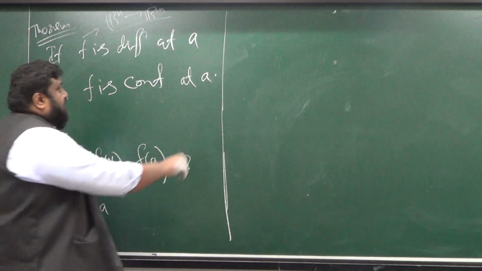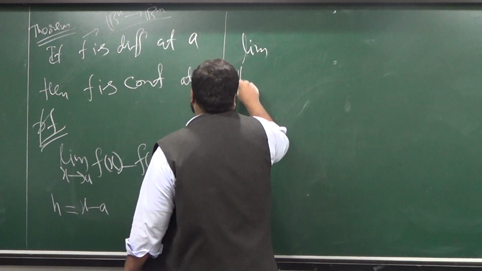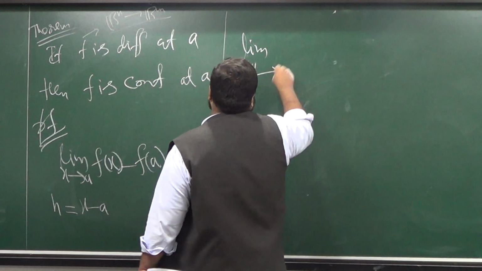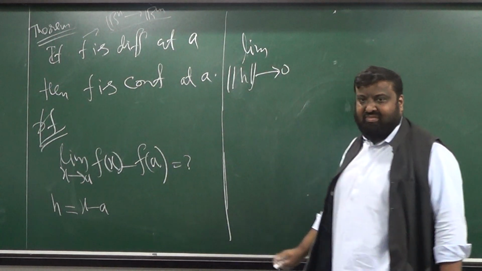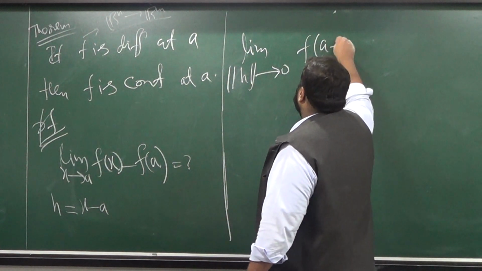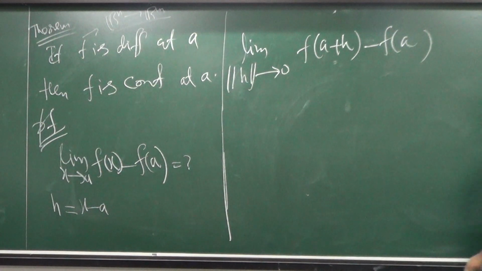So I can rewrite this. What would this limit become? f of a plus h minus f of a, where h goes to 0, or rather the norm of h goes to 0. Now we have got something that we know. So what should I do?